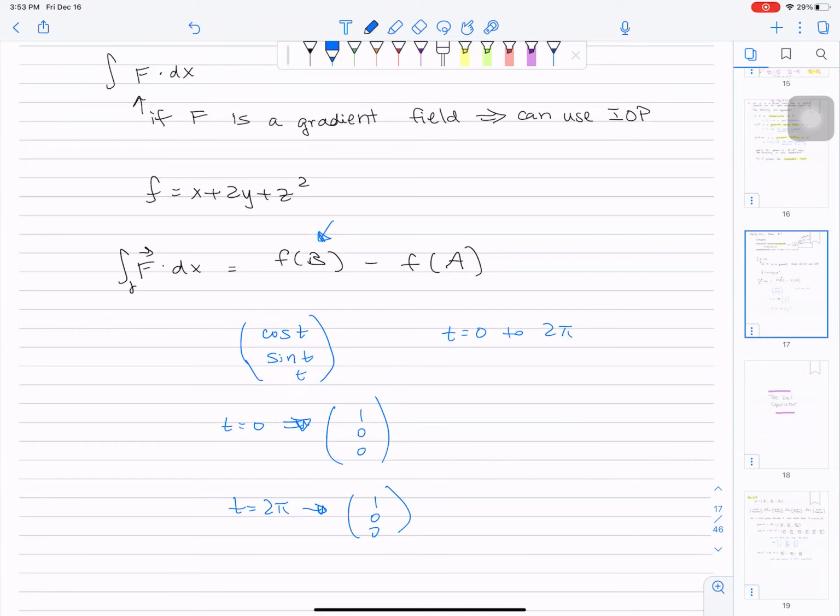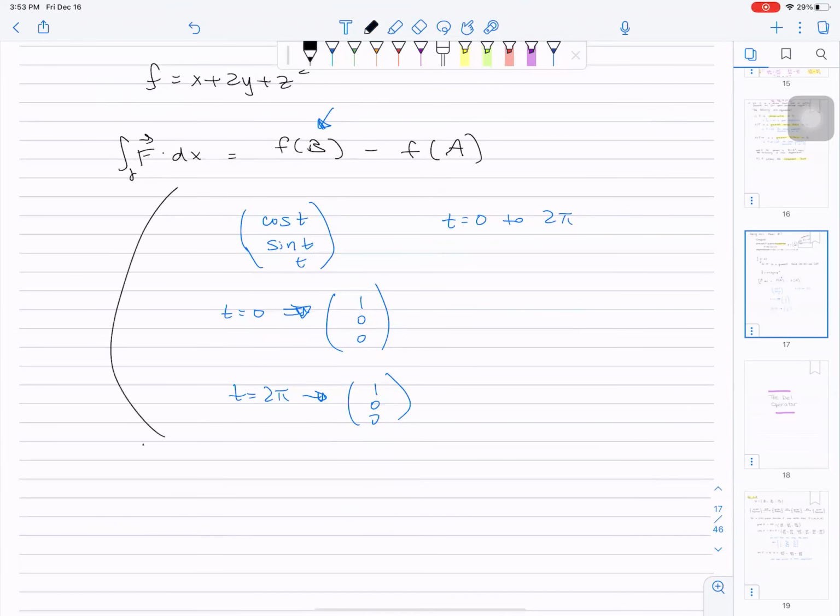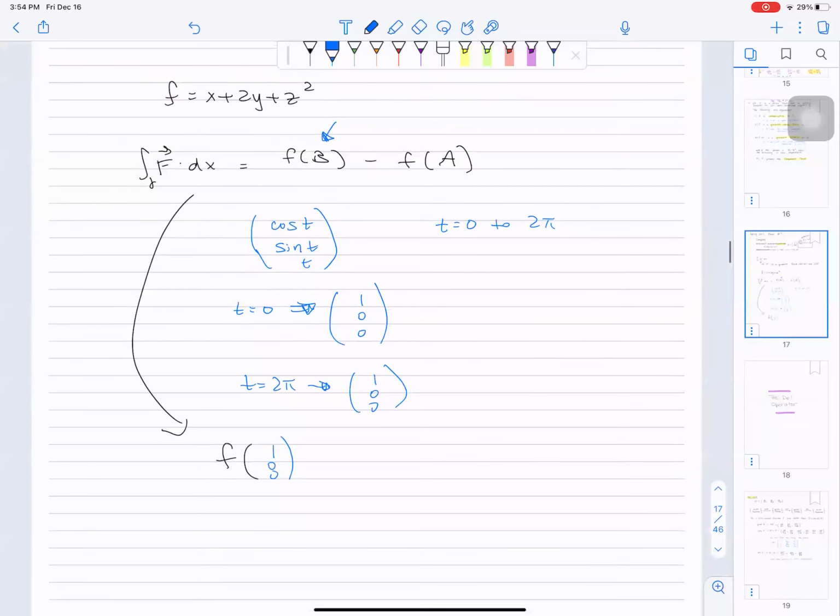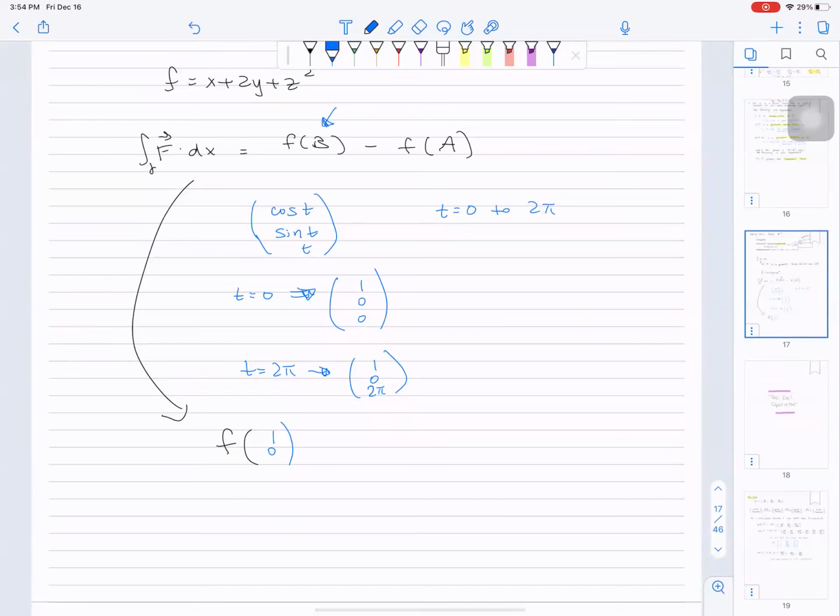And so that means when I do the independence of path theorem, I have f at my endpoint, which is 1, 0, 2 pi, sorry, this should be 2 pi. That's my ending point.